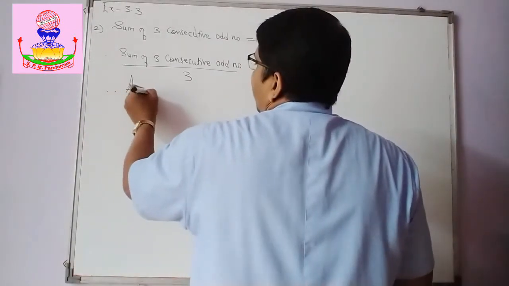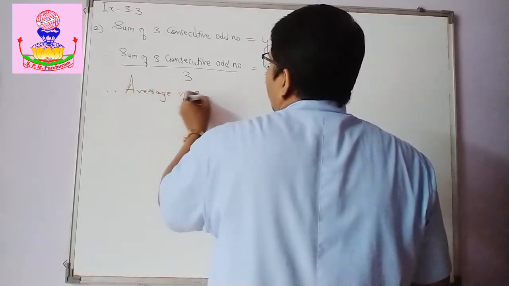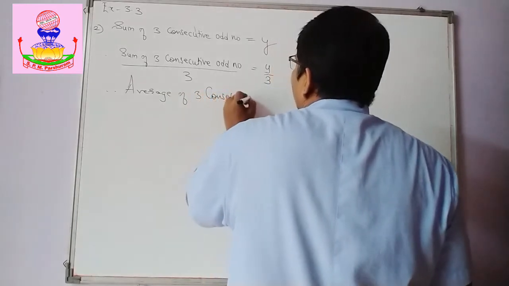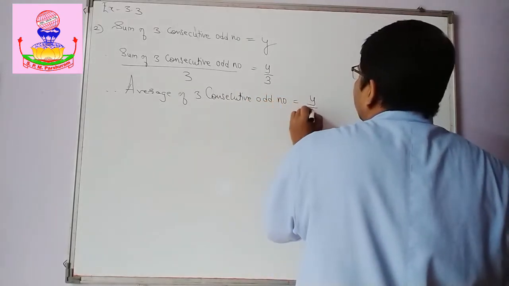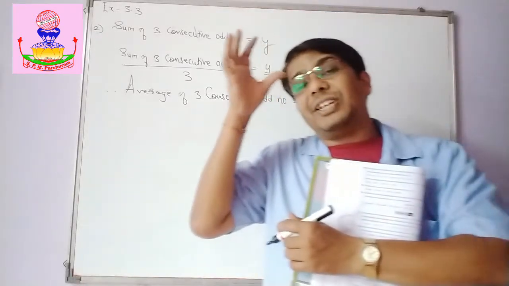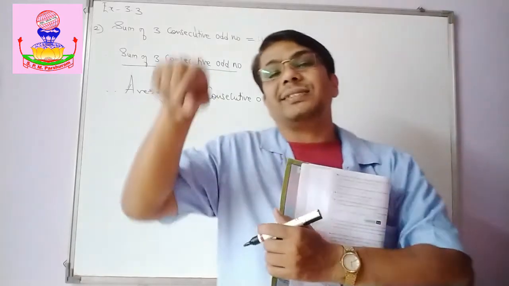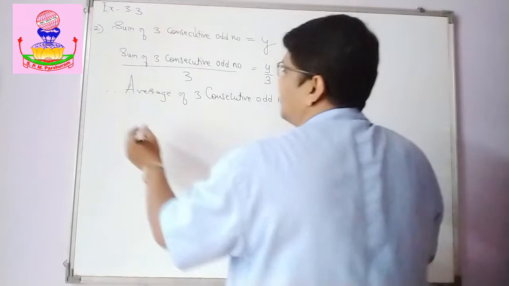So therefore, average of 3 consecutive odd numbers, that is equal to y upon 3. And as I have said, if the average of 3 consecutive odd numbers is given, then that average is equal to the middle number, right?